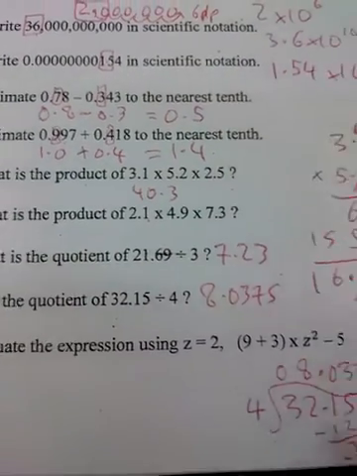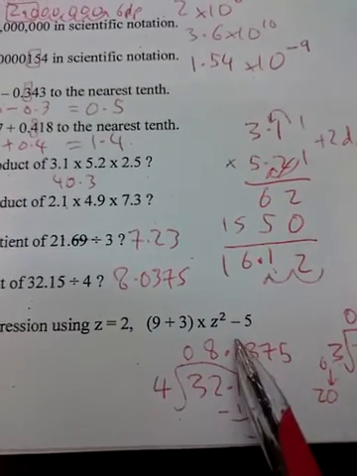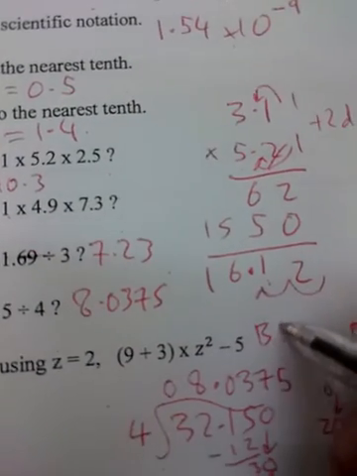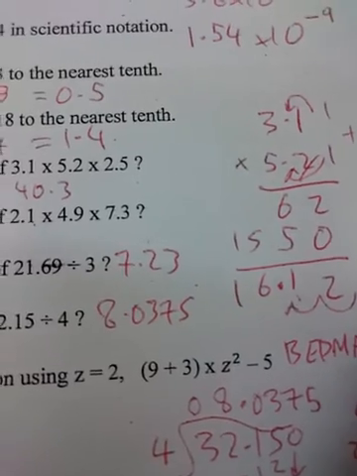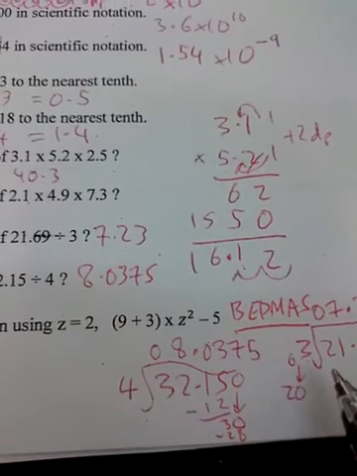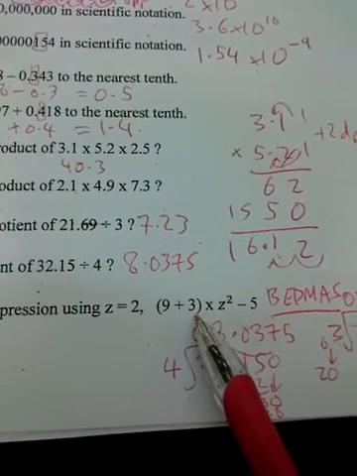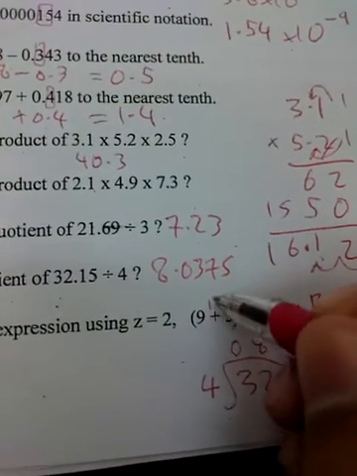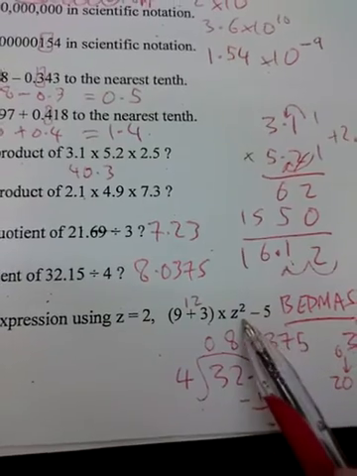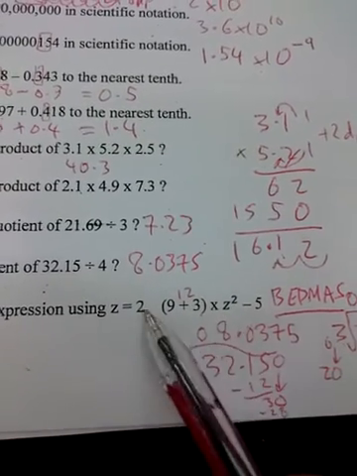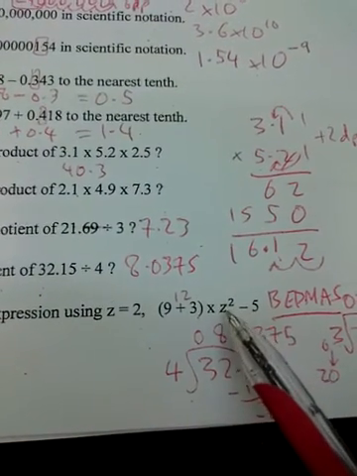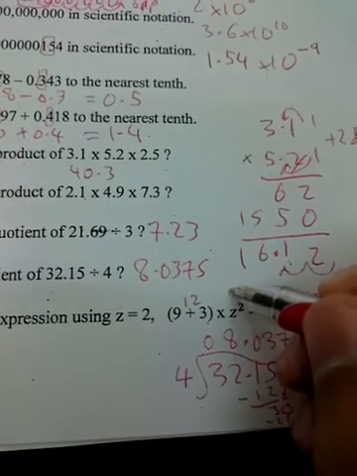Evaluate the expression. We need to use our BEDMAS rule. Very important. First, 9 plus 3. It's in the brackets, which gives us 12. Z is 2. Replace the Z with the 2. 2 to the power 2 is 2 times 2, which is 4.